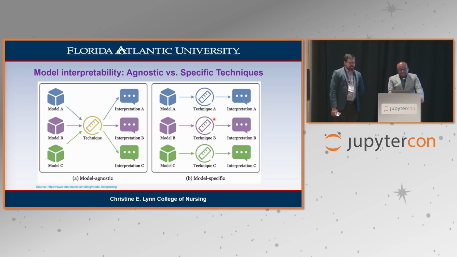But here, there's model specific. A particular feature analysis technique or explainable AI can be used for a particular model, like Gini importance, which we use for ensemble models like XGBoost, decision tree, or random forest classifier.